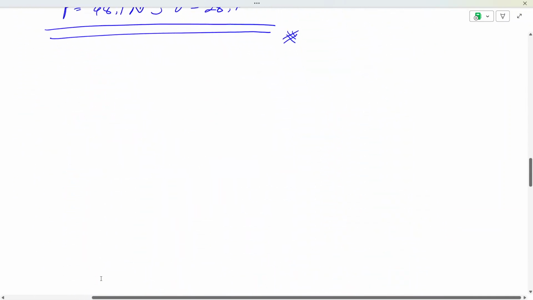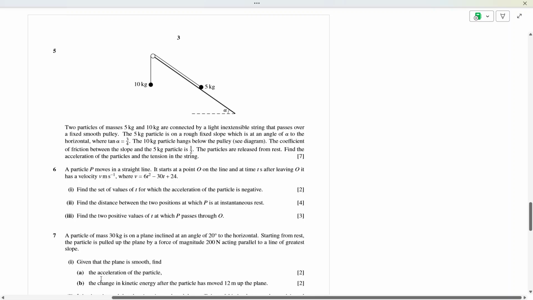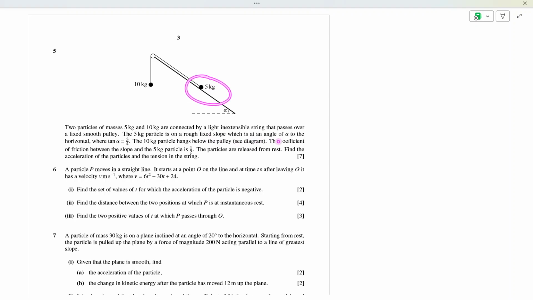Then now question 5. It says, two particles of mass 5 kgs and 10 kgs are connected by a light inextensible string that passes over a fixed pulley. The 5 kg particle is on a rough inclined slope, which is at an angle alpha to the horizontal, where tan alpha is equal to 3/4. You see, whenever we get this, that means we have all trig ratios set.